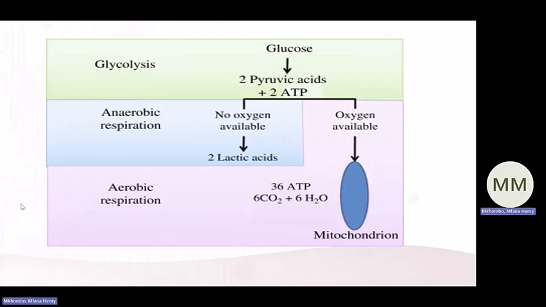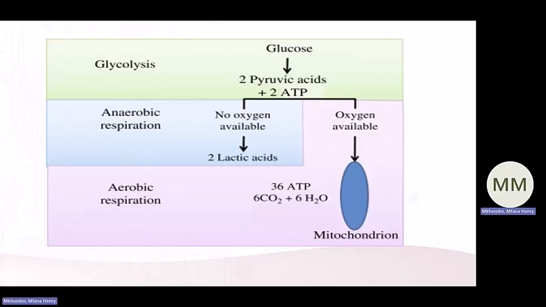Here is a simplified sketch of how glycolysis comes about. Glycolysis means splitting of glucose. Lysis means to split, and glyco means glucose. Glucose has 6 carbon atoms, so if it is split, we have 3 carbon atom molecules, which means in this case we have 2 pyruvic acids, and 2 ATPs are made. That is what we call substrate level phosphorylation.